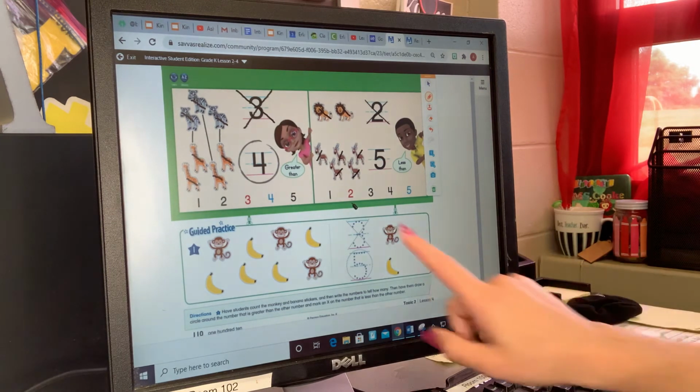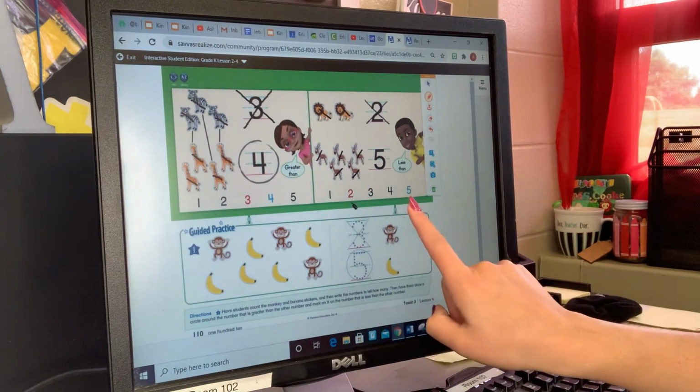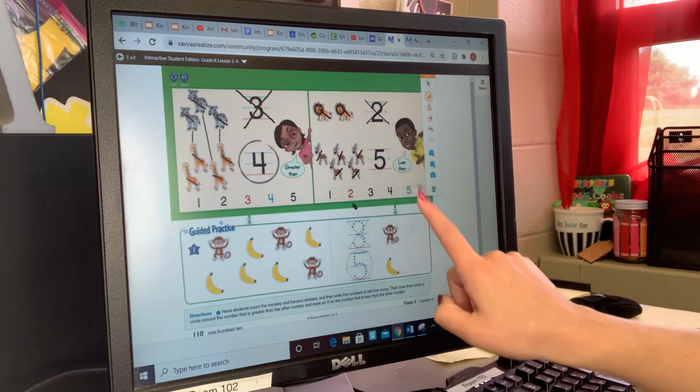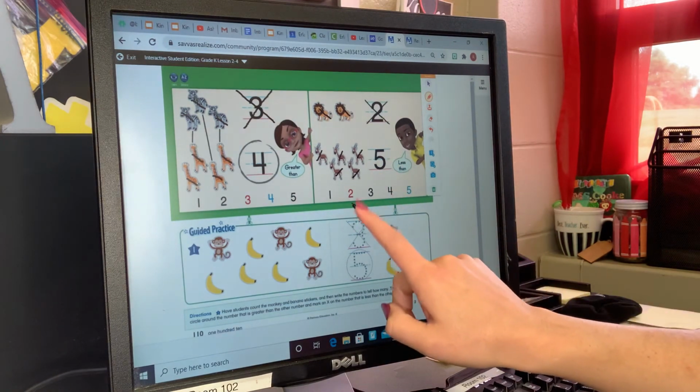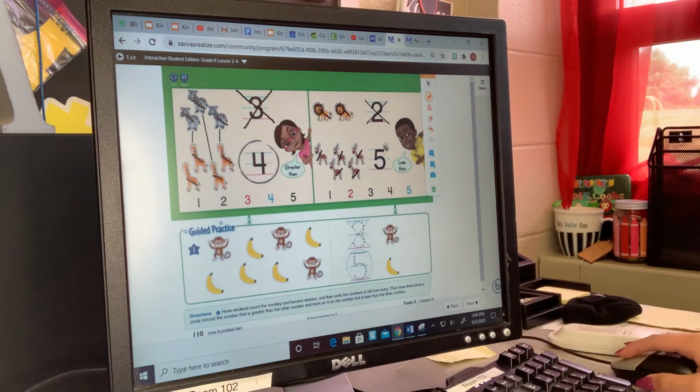So he found the number 2 and he found the number 5 and saw that 5 is much bigger than the number 2. So he put an X on the number 2, and we're going to put a circle around the number 5 because that's greater than. You can use your number line, or you can even still do our matching to decide which one is greater than and less than.